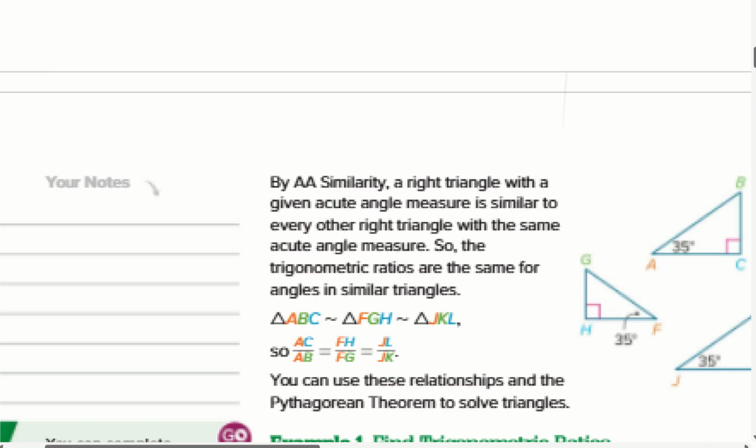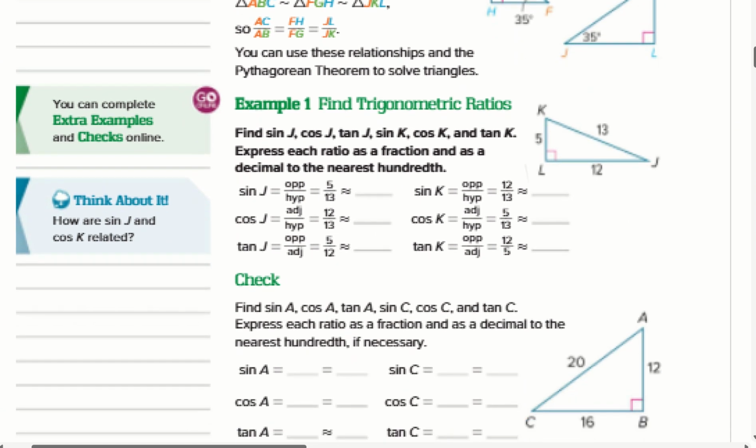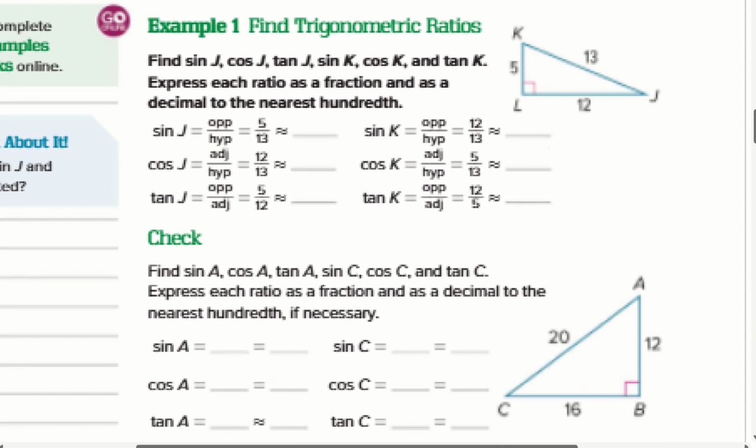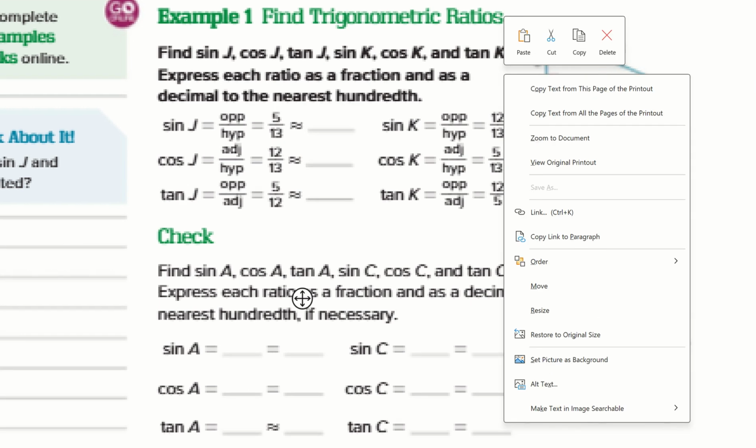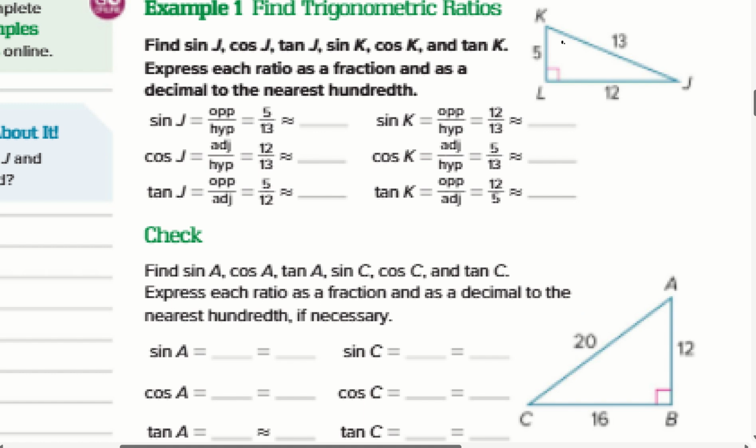So let's look at some examples. Example 1: find sine of J, cosine of J, tangent of J, sine of K, cosine of K, and tangent of K. Let's look at sine of J first. This is angle J, so we want the opposite.